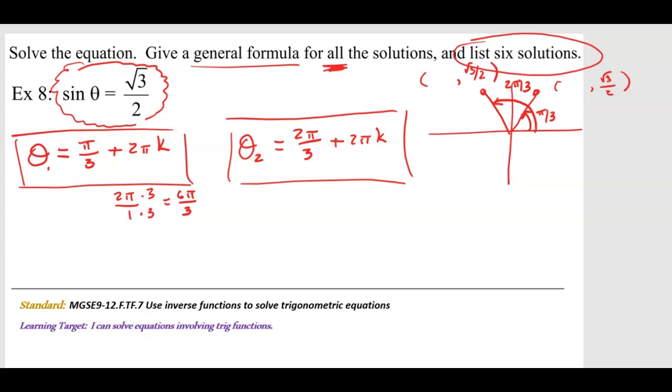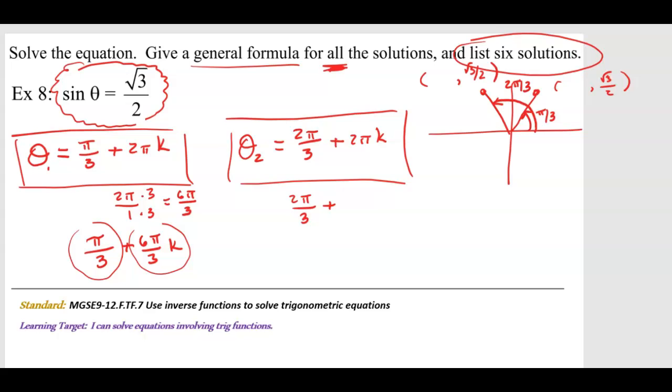Okay, so I'm going to rewrite this just for the sake of doing some work one time instead of doing it multiple times. I'm going to rewrite this general rule as pi over 3 plus 6 pi over 3 k. So that as I plug in numbers for k, I already have a common denominator. Now, do you have to do this? Of course not. I like to do this so that when I start cranking these out, the pattern is a little bit cleaner to see.